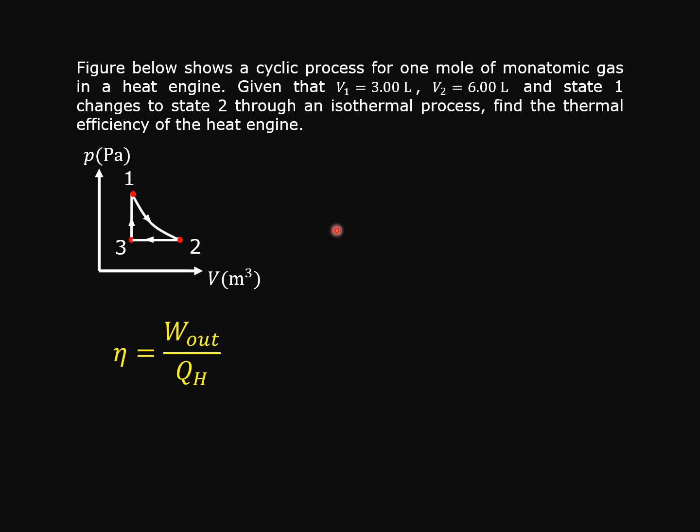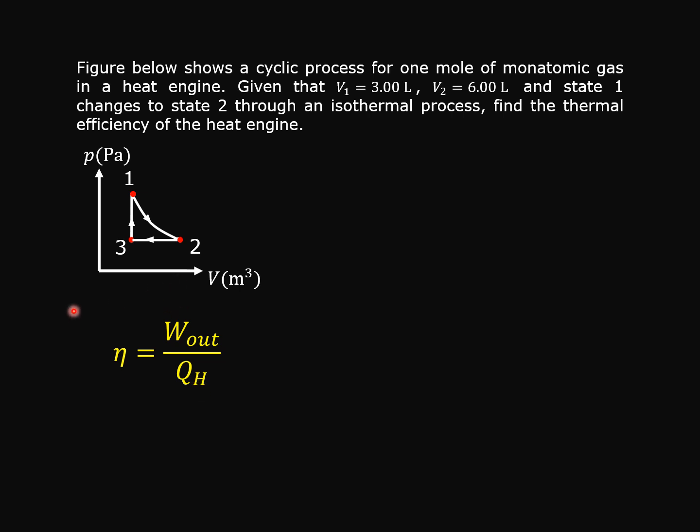The question requires us to find out the thermal efficiency of the heat engine, represented by the symbol eta. By definition, eta is equal to the output work divided by QH.